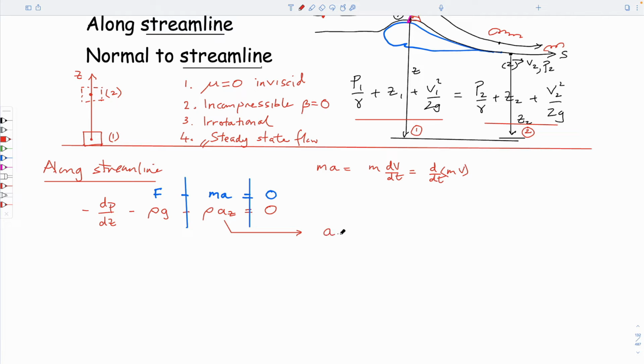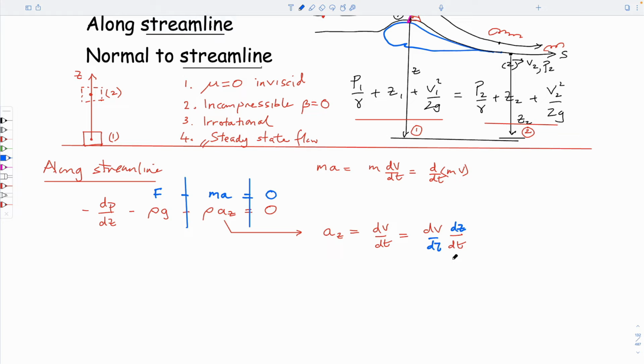We're going to take the acceleration in the z direction and write it as the change in velocity with time, multiplied by dz, not dt.